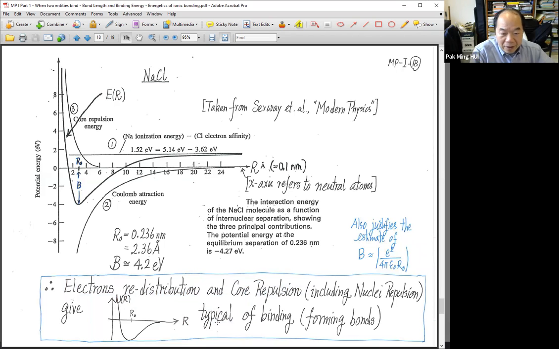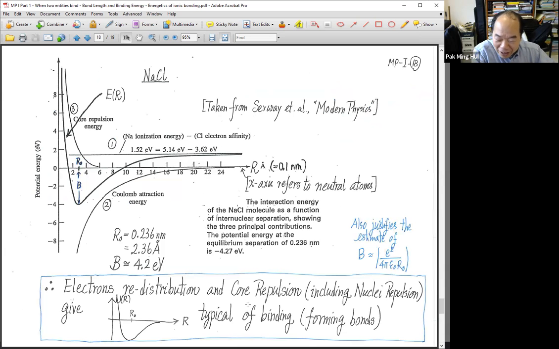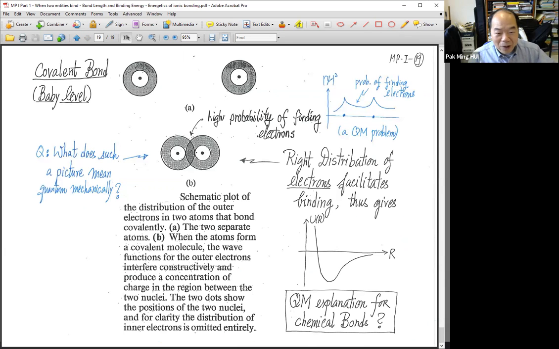All right, so let me end this page and then we will have a break. This is just one page, baby level or pre-baby level, of covalent bond. So we talked about energetics of ionic bonds, but for the covalent bond, the baby picture is this: I have atom A, this is the electron crowd, solve the atomic problem.